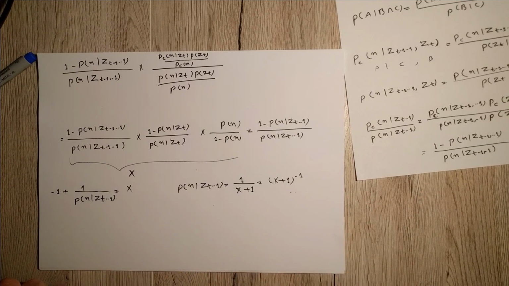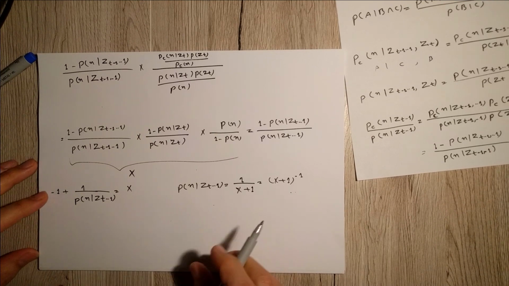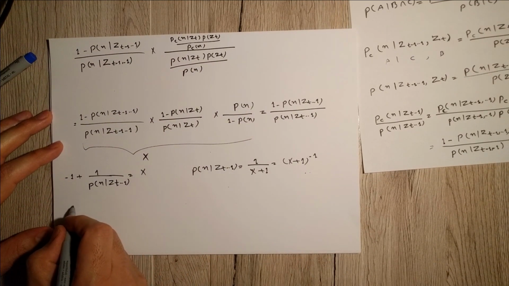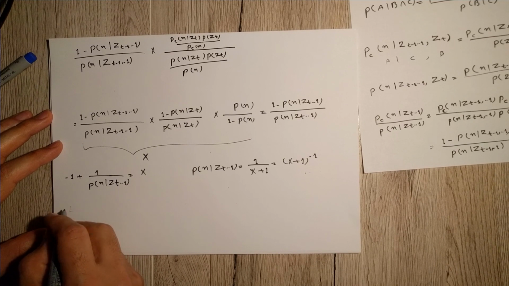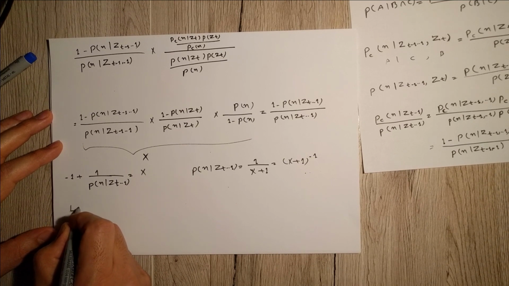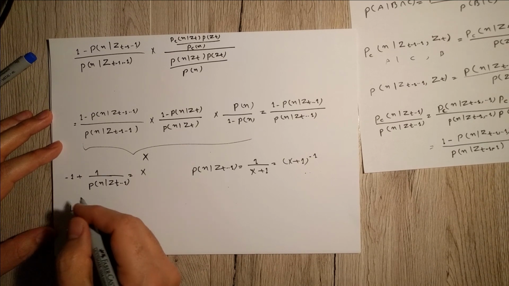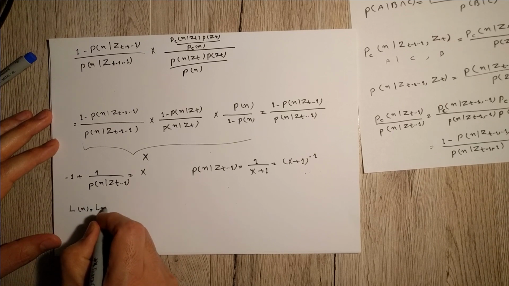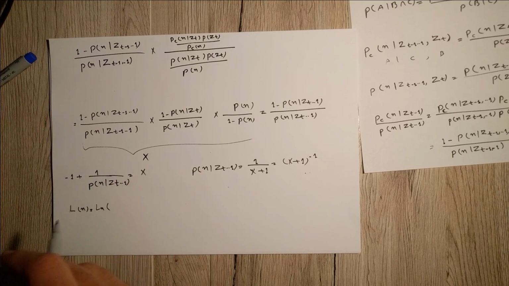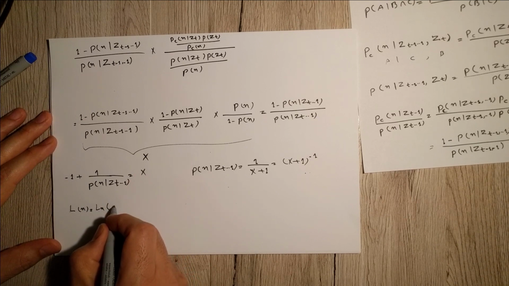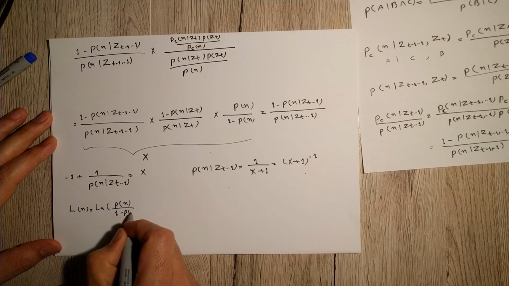And you know that from the logarithm function. If you use a logarithm function, you can always turn the multiplication into summation. And they have introduced the log odds function, which takes the logarithm of anything over its complement. So for the n, it will be p of n over 1 minus p of n.